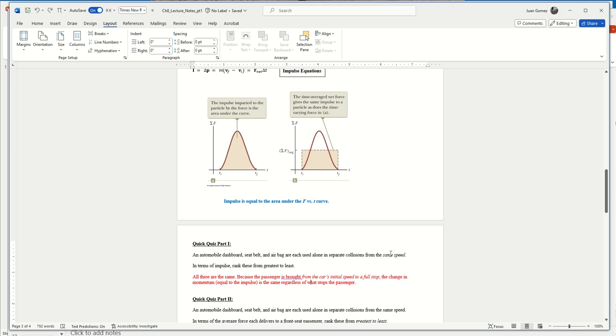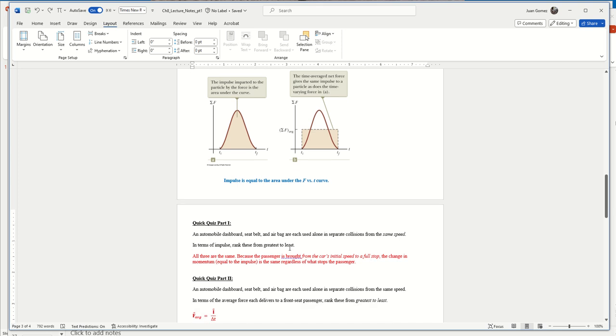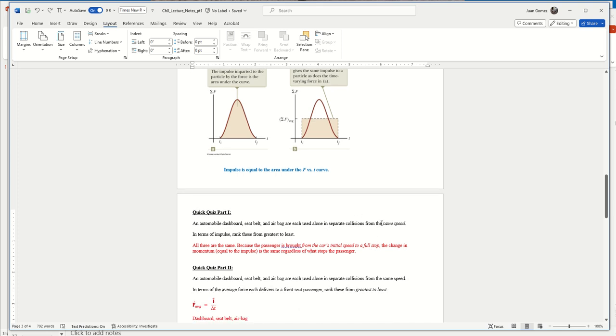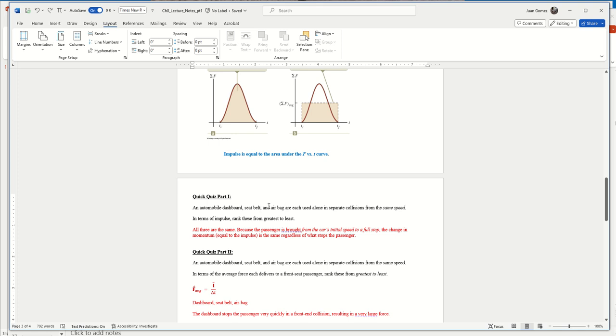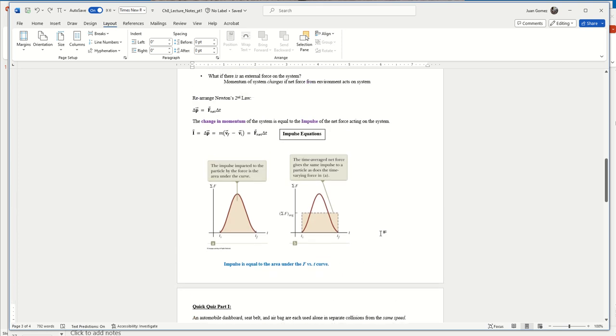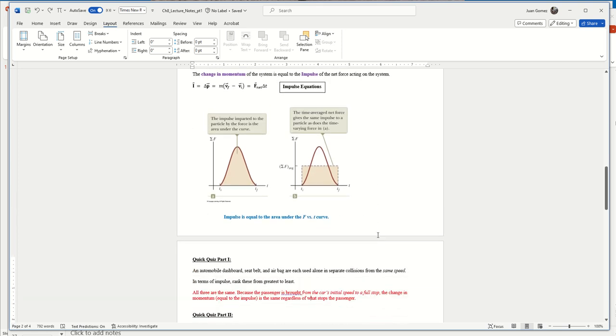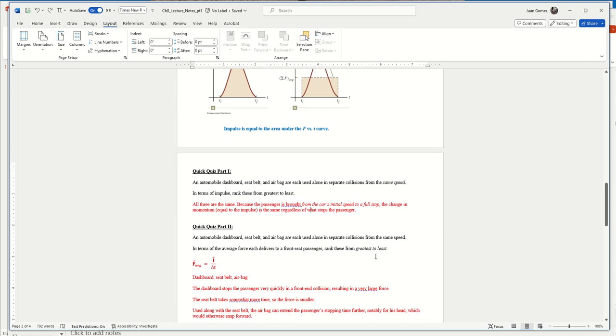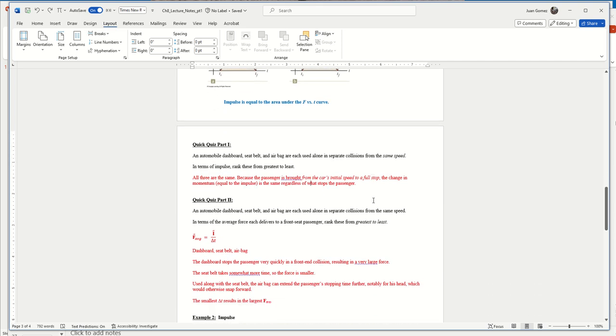They're starting from the same speed and are brought to rest, so the impulse is the same in each case. What happens is we'll find out that the airbag exerts the smallest force on the passenger, and hence it does the least damage.